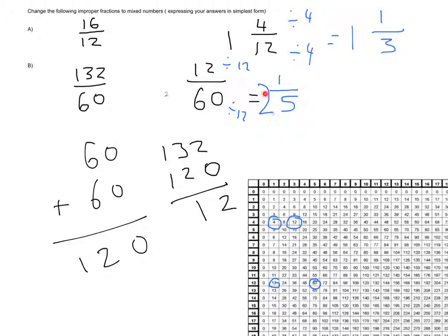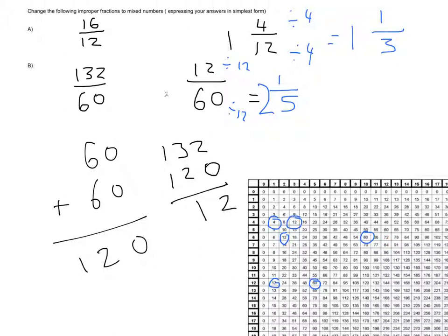We can't simplify this anymore because, again, the only number that goes into the numerator and the denominator is the number 1, and we get the same answer if we divide by 1 on the top and the bottom, so there's no point doing that. Now, you may notice that there's also a number 12 here and a number 60 over here. So we've got the numerator and the denominator in the same row.